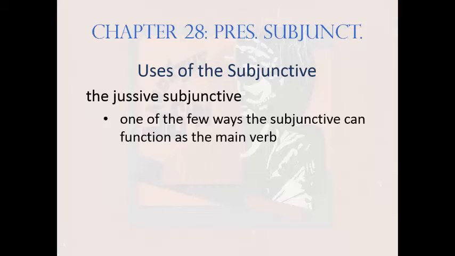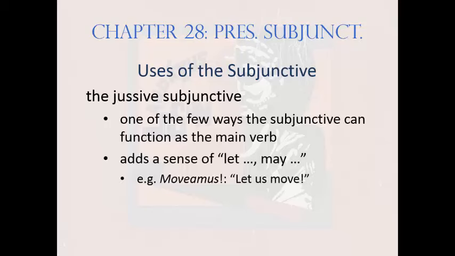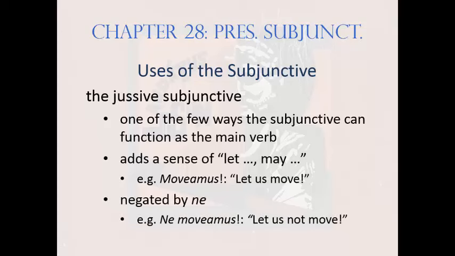You know it from the verb iubeo, iubere, iussi, iussum, meaning order, command. So the Jussive subjunctive is the ordering subjunctive. It adds a sense of let or may to the main sentence. For instance, moveamus, meaning let's move. And it's negated with ne, as in ne moveamus, let's not move.